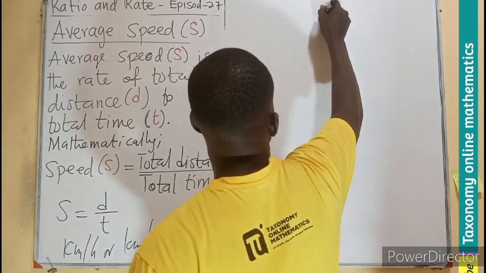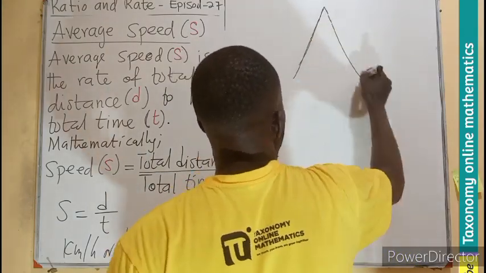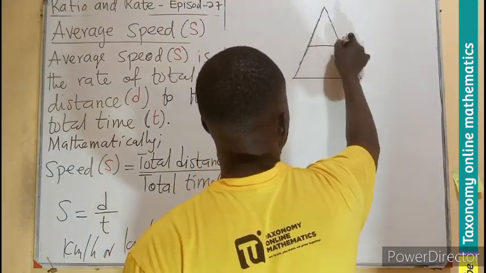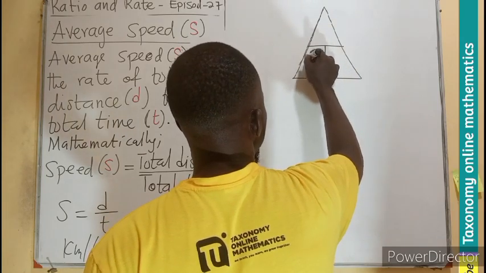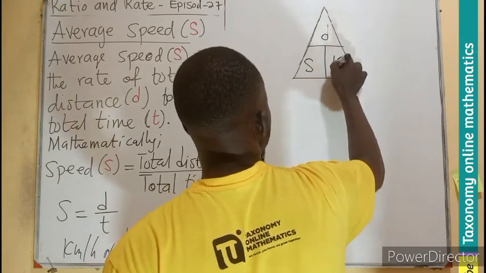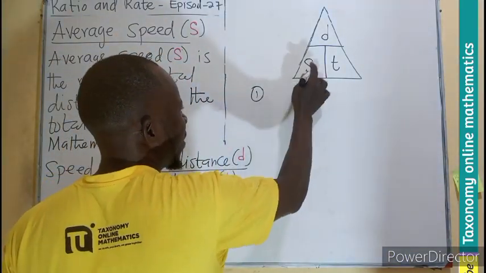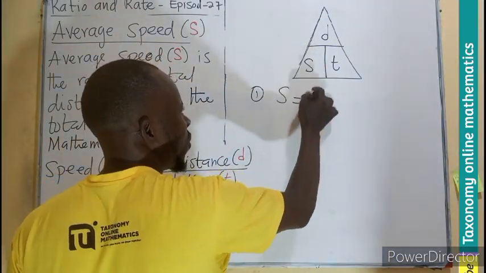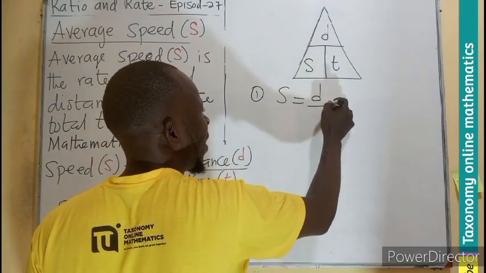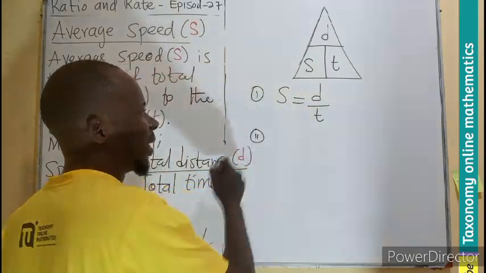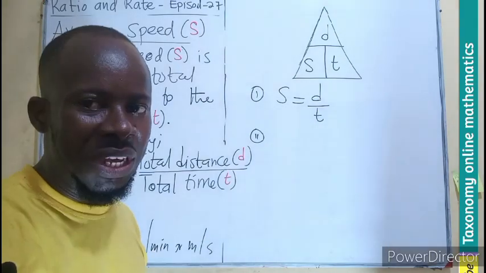Now let's take a triangular definition of distance. So we have speed, distance over time. Already we know the first formula for finding speed is equal to the distance divided by what? Time. That is if I am asked to find the speed.